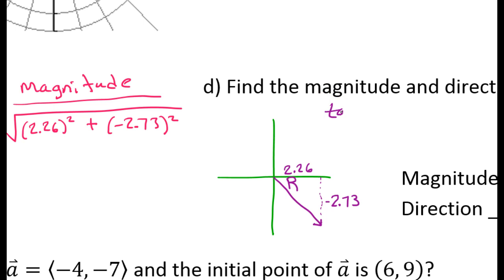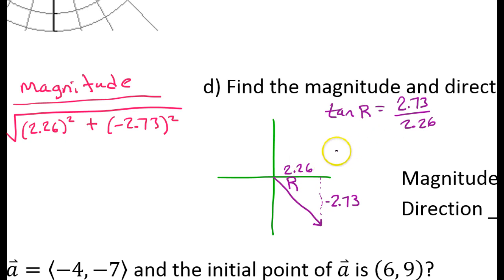So we can easily find the reference angle by using the tangent function. So the tangent of the reference angle r, opposite over adjacent, so that's going to be 2.73 divided by 2.26. Notice I'm ignoring the negative sign because for the reference angle, I just want the positive version.